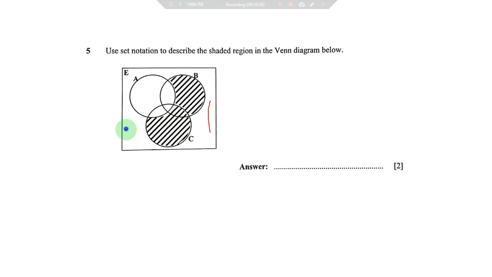But the universal set has not been shaded, meaning for us to get the elements that are in B and C, there is an intersection. The elements that are in B and C. So the set notation will be A complement intersection B union C.